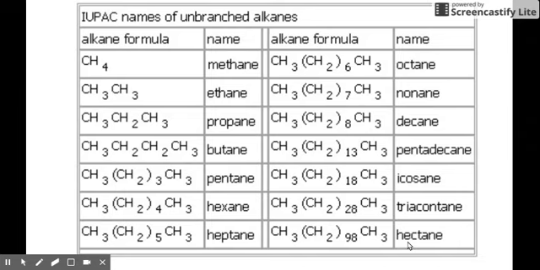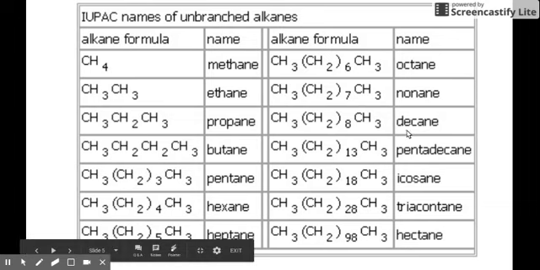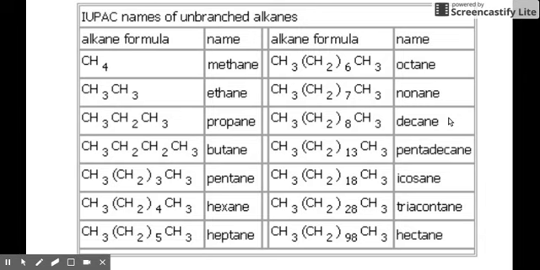If it's beyond 10, I will probably give you the first part of the names that you're going to use. However, for the first 10, you need to memorize how they're named, what prefix you need to remember for them. So from meth until decane. Please remember that because that's going to be useful for our branched alkanes later on.